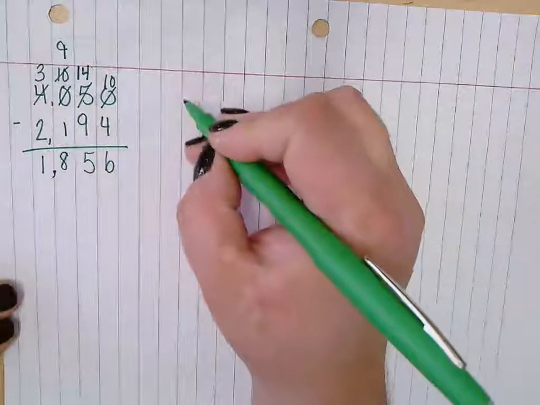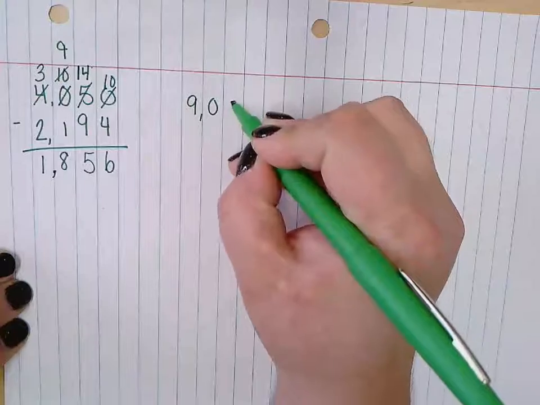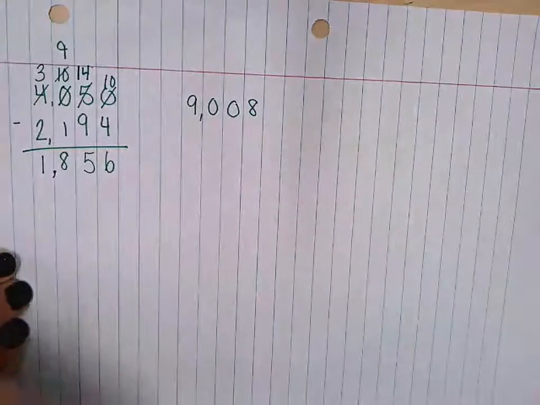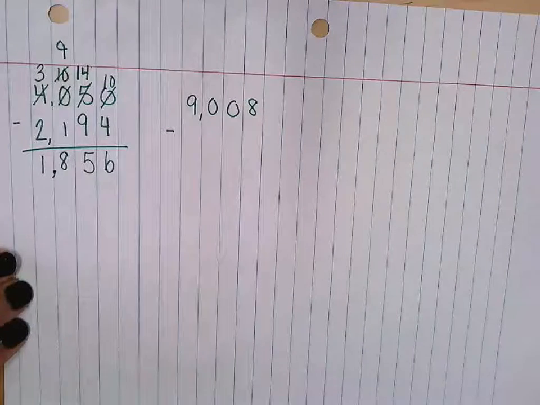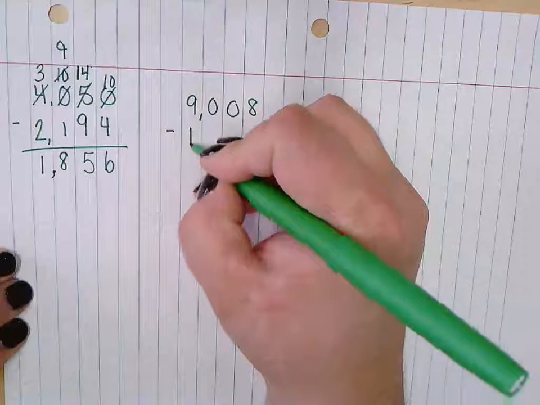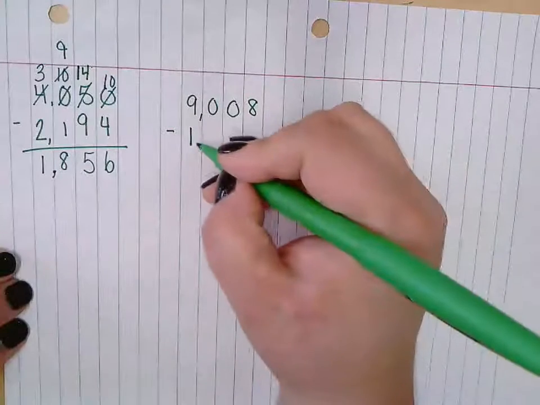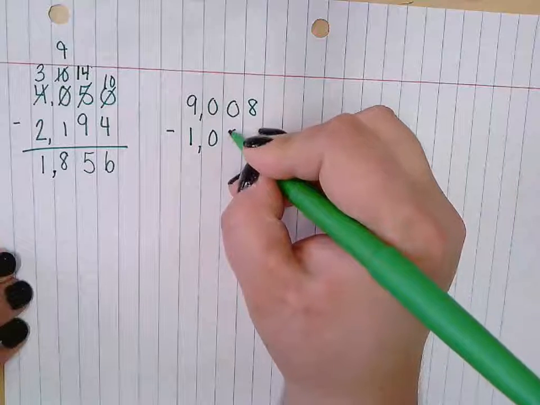Our second problem, let's make it 9,008. We want to subtract 1,050.